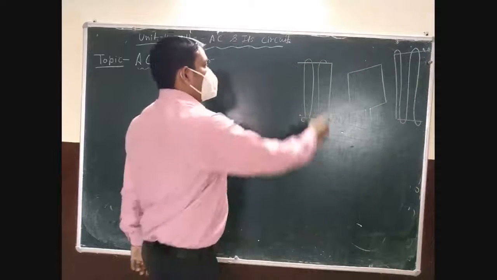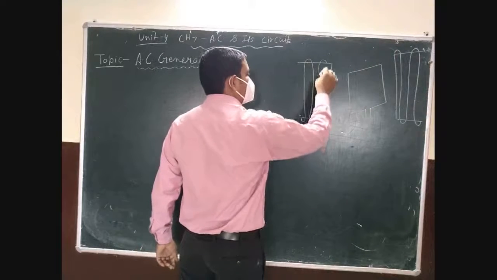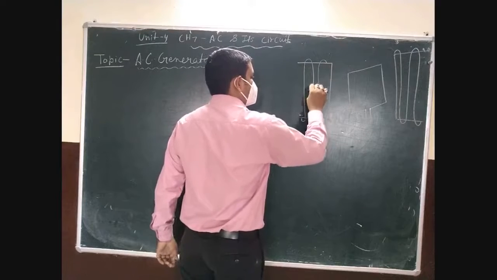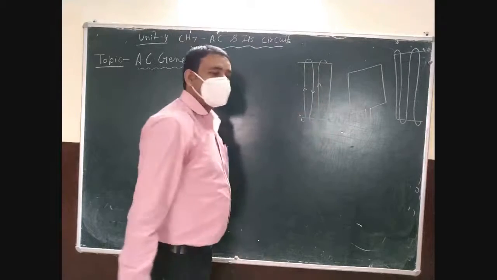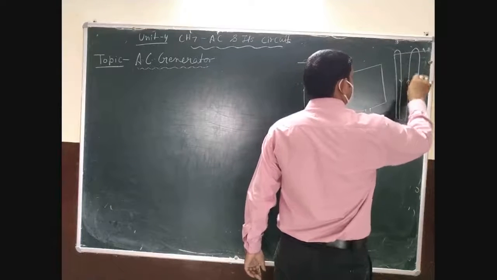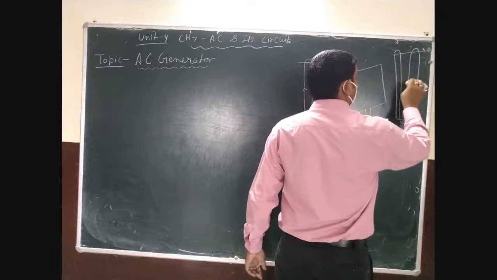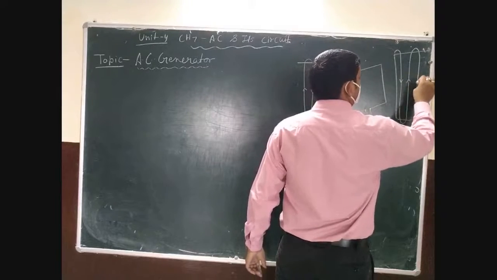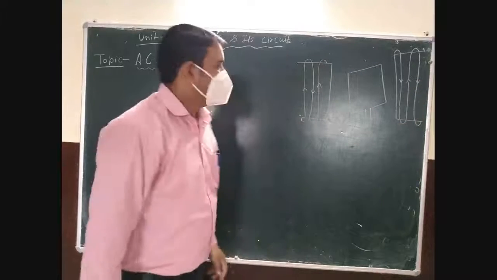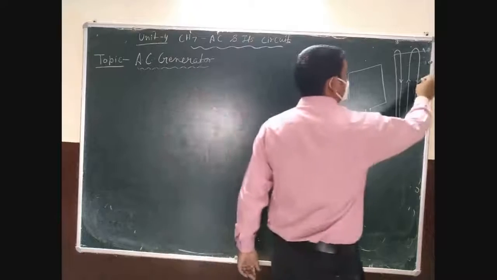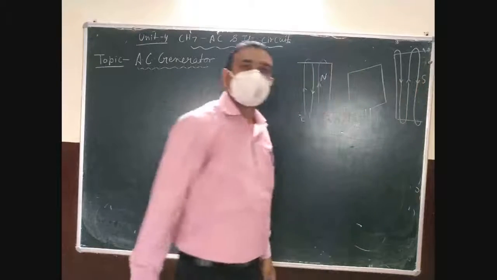Okay, now in this the current is anti-clockwise and here the current is clockwise. So this side behaves like a north pole and this side behaves like a south pole.